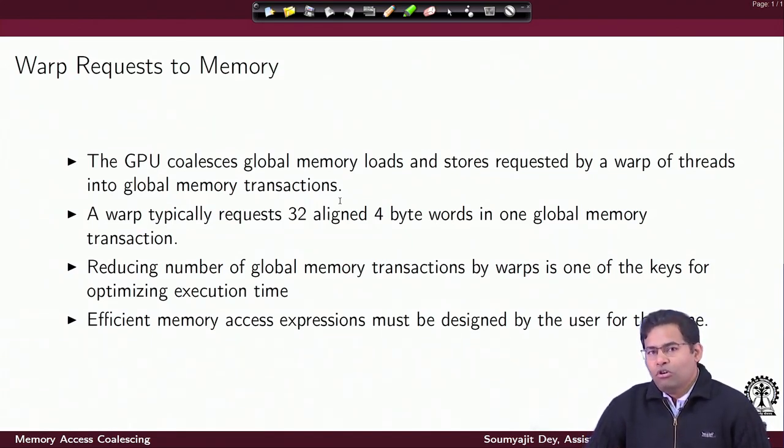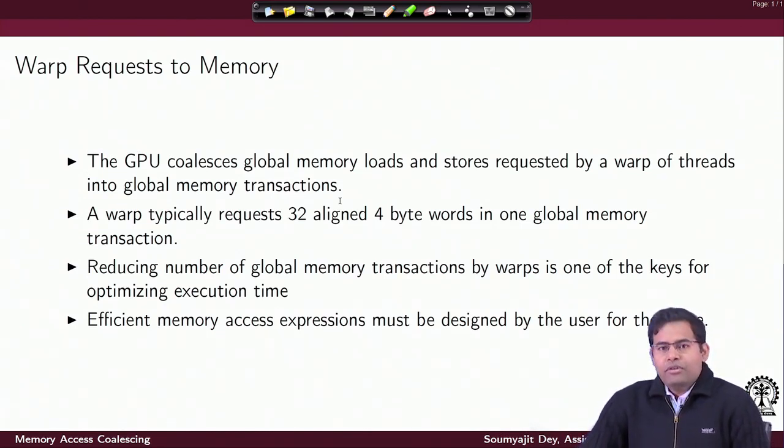Since your global memory access width is 32 cross 4 byte, if a warp is looking to access 32 consecutive memory words, memory locations, so essentially we are defining each memory element as a 4 byte word, let's say integers, the warp can access its corresponding data points from the memory using a single global memory transaction.